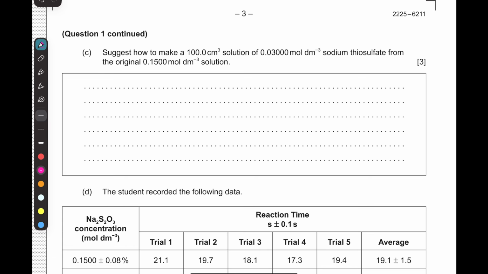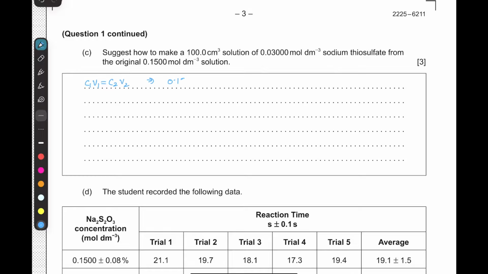We have to suggest how we could make a 100 cm³ solution of 0.03 mol per dm³ sodium thiosulfate from the original 0.15 mol per dm³. So first I need to know how much volume of this 0.15 mol per dm³ solution is required. For that we can use the dilution formula, which is C1V1 equals C2V2.